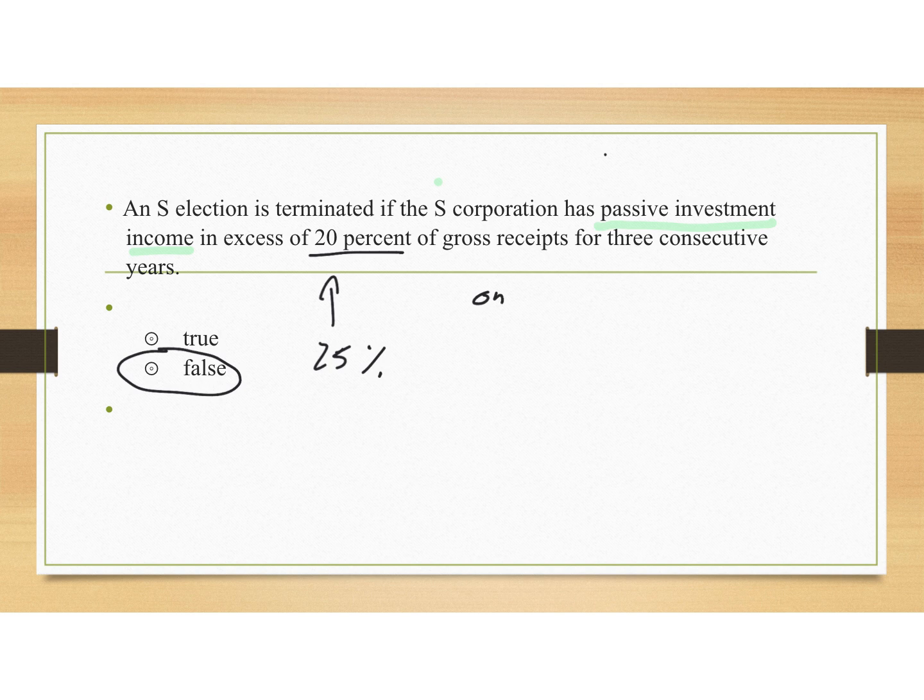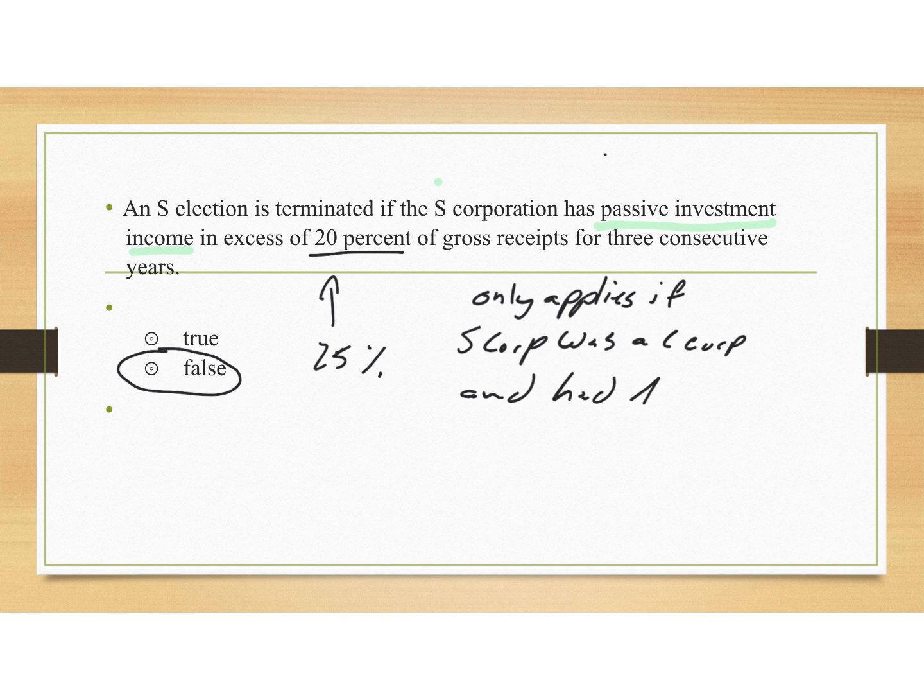So this only applies if the S corp was a C corp and had accumulated E&P from the C corp.